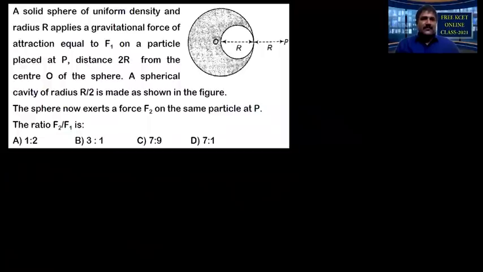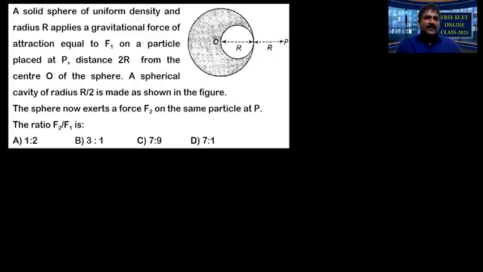Here is a diagram. The question is like this: a solid sphere of uniform density and radius R applies a gravitational force of attraction equal to F1 on a particle placed at P, at a distance of 2R from the center O of the sphere.